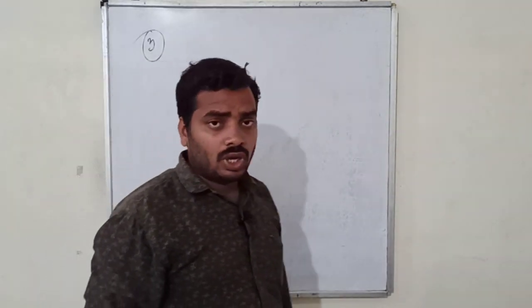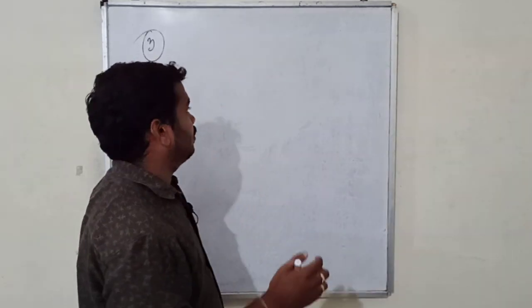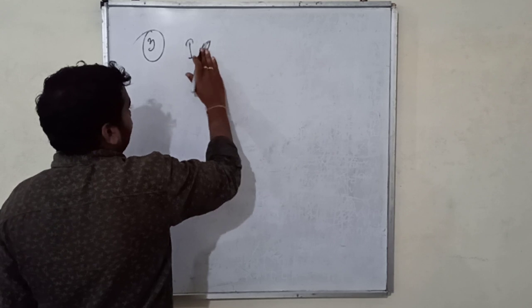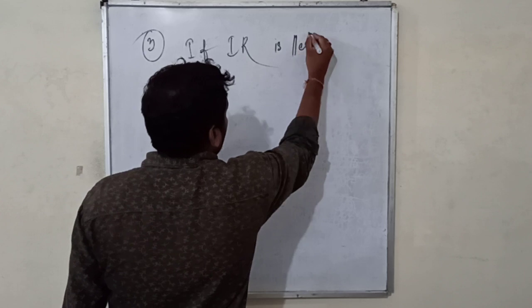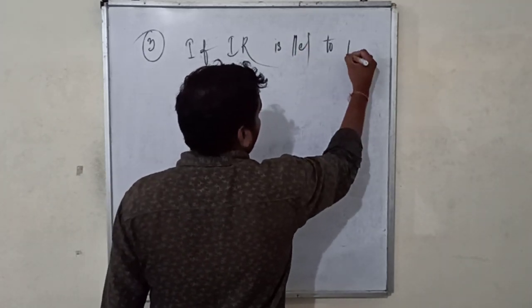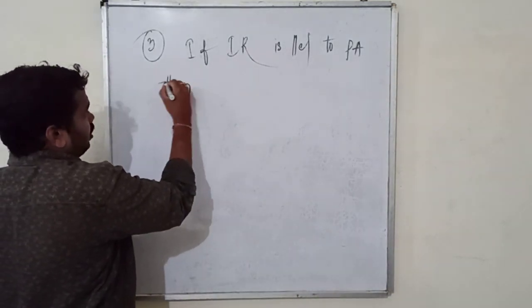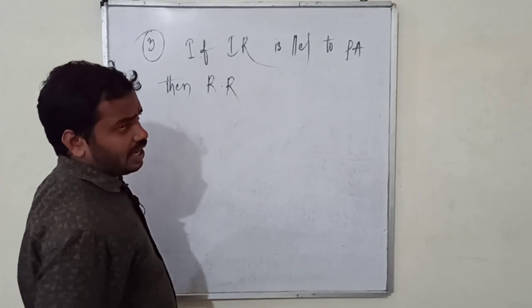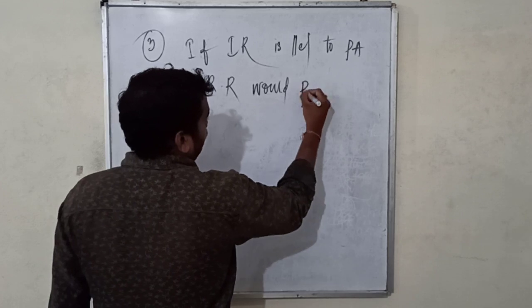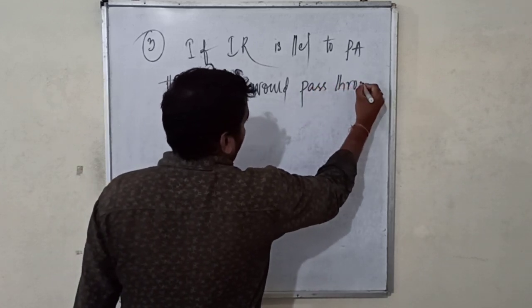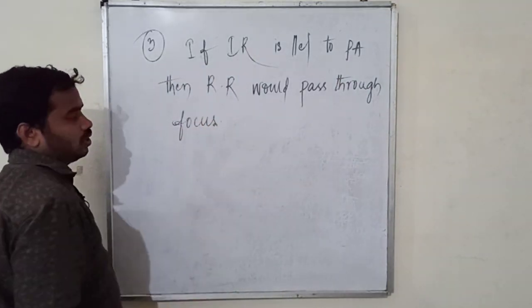In case 3, if the incident ray is parallel to the principal axis, then the reflected ray would pass through focus.